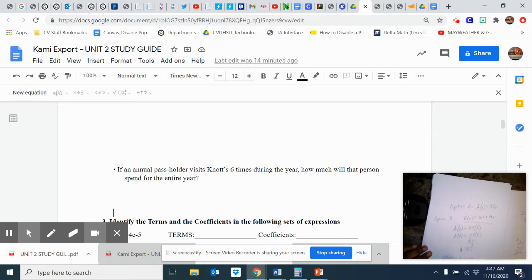And I'm going to write that on the next sheet so we have more room. B of x equals 101 plus 19 for the parking. This is B of 6 equals 101 plus 19 times 6.